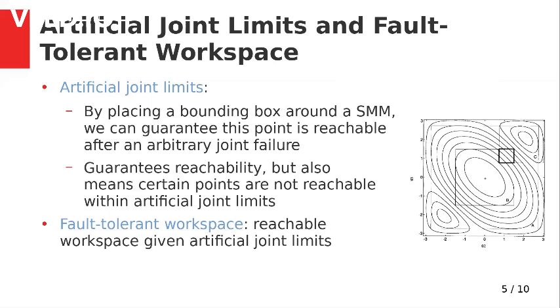Now our fault tolerant workspace, this is the reachable workspace given our artificial joint limits that we've defined by these bounding boxes. So this is going to be a little bit more complex of a computation. We're going to consider essentially an infinite number of points, but we can sample that down and with some sort of resolution, we can figure out a basic idea of our fault tolerant workspace.